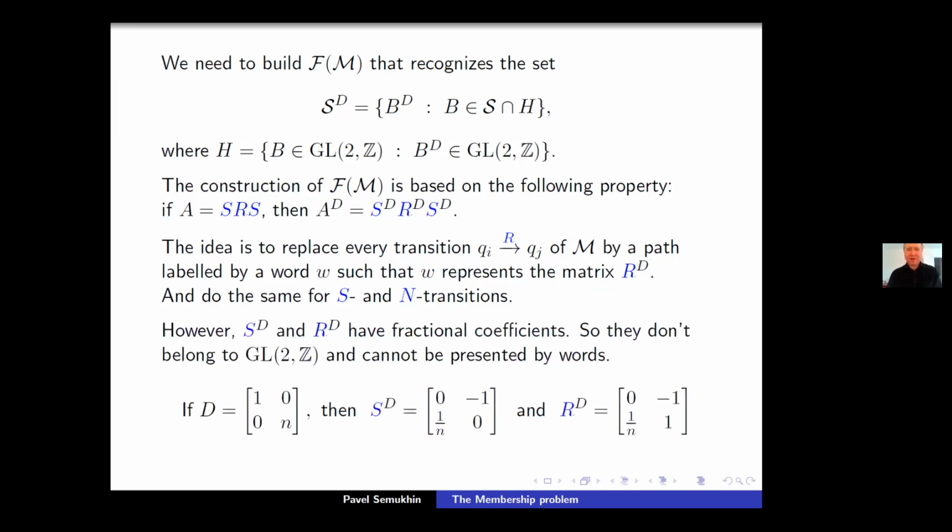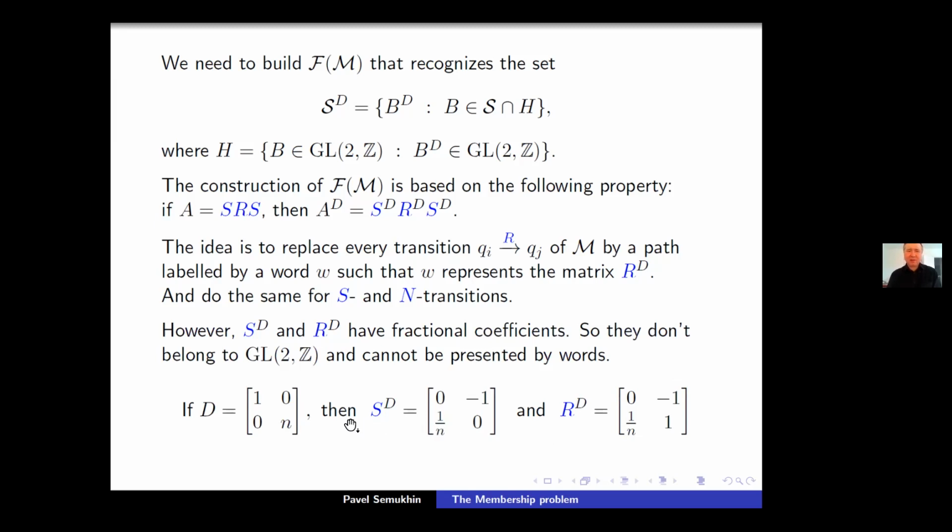However, there is a big problem with this approach, because these matrices S conjugated with D and R conjugated with D have fractional coefficients. For example, if D has this shape here, then SD will look like this, and RD will look like this. And as you can see, we have 1 over n here in the corner.